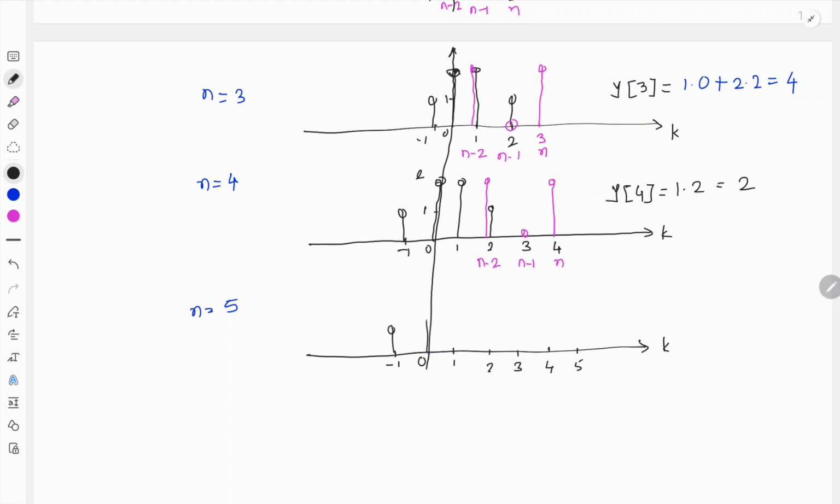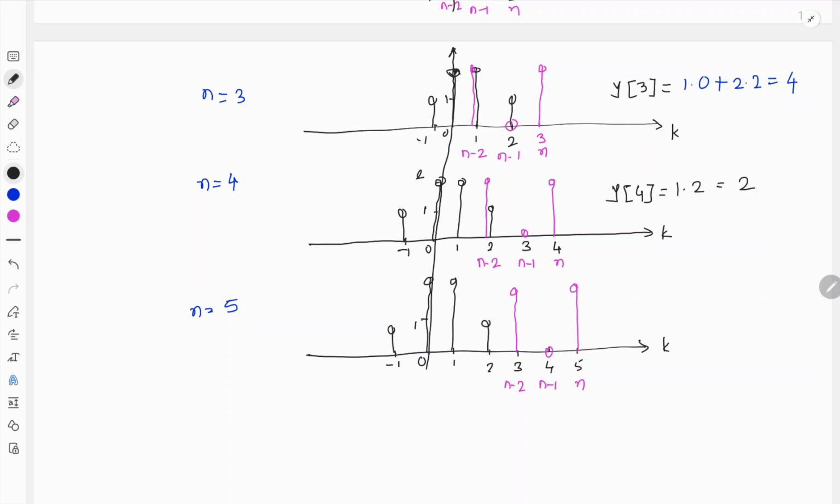So this is x signal. Now our n is 5. So n minus 1, n minus 2. So this signal will not have overlap.